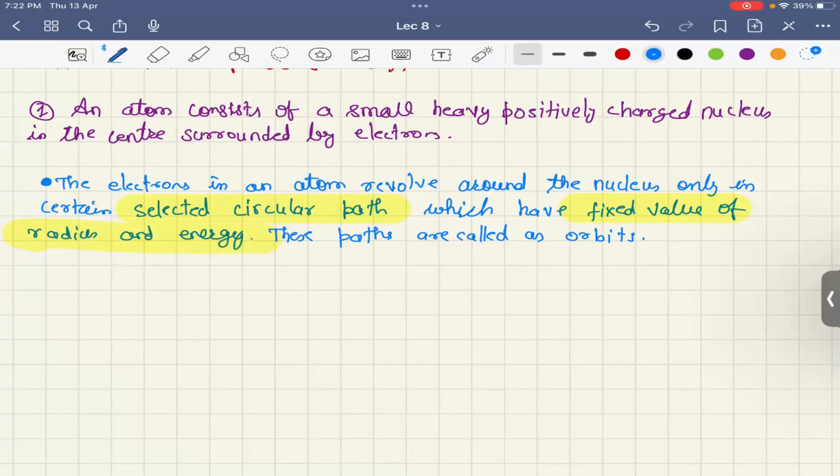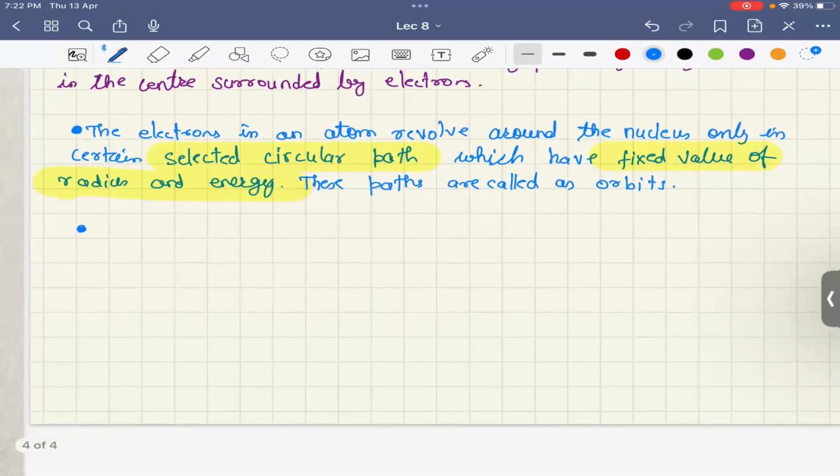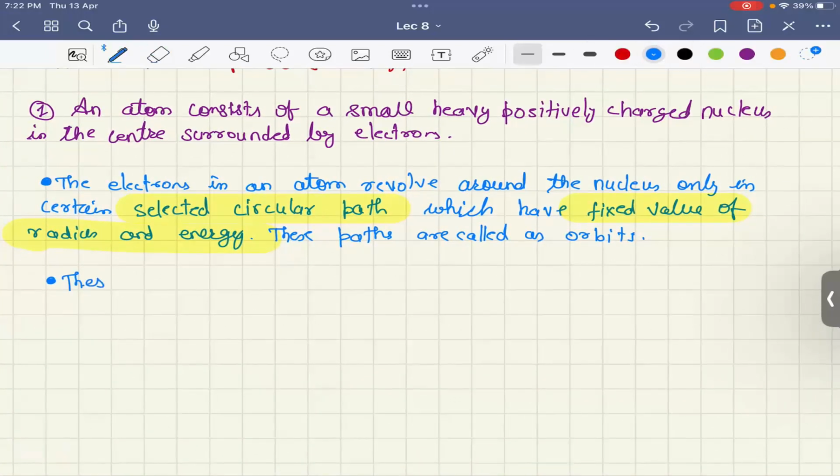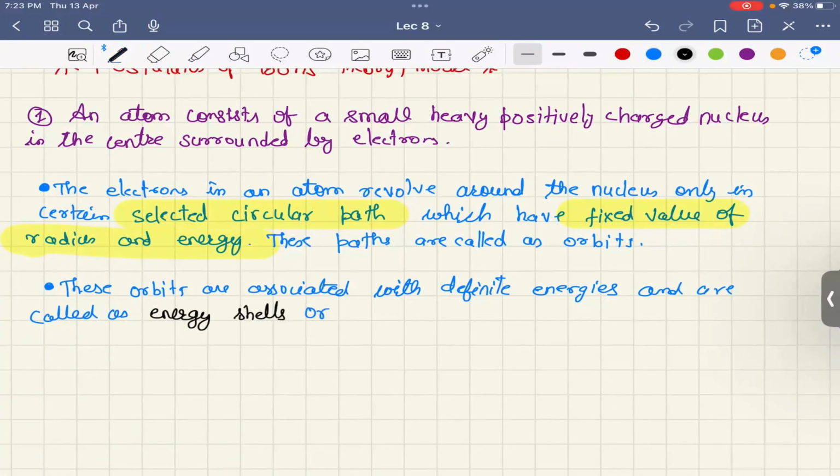These are numbered as 1, 2, 3, 4 and so on from the nucleus, or alternatively K, L, M. So in order to understand this, let me drag a picture.